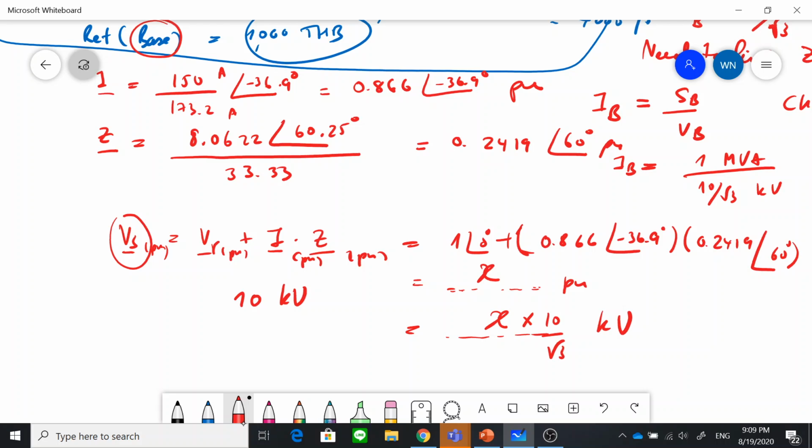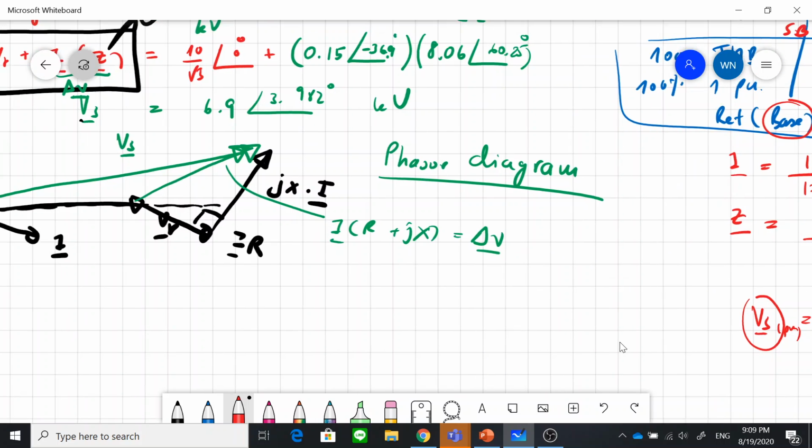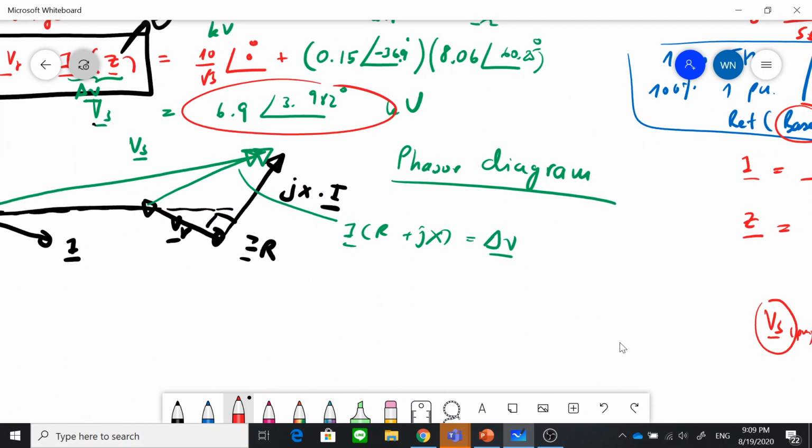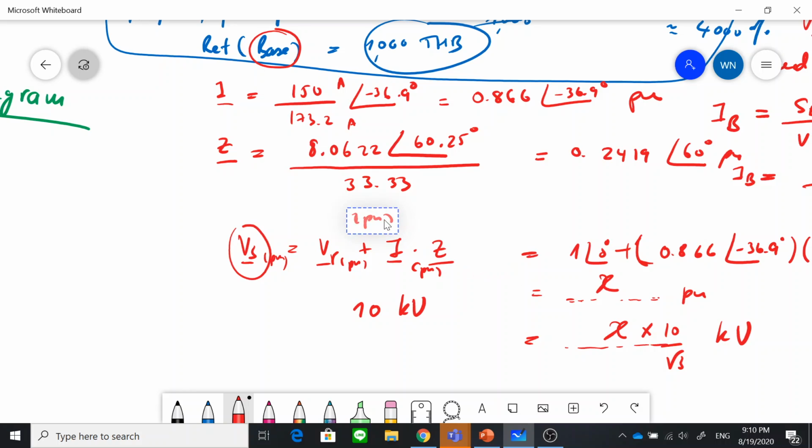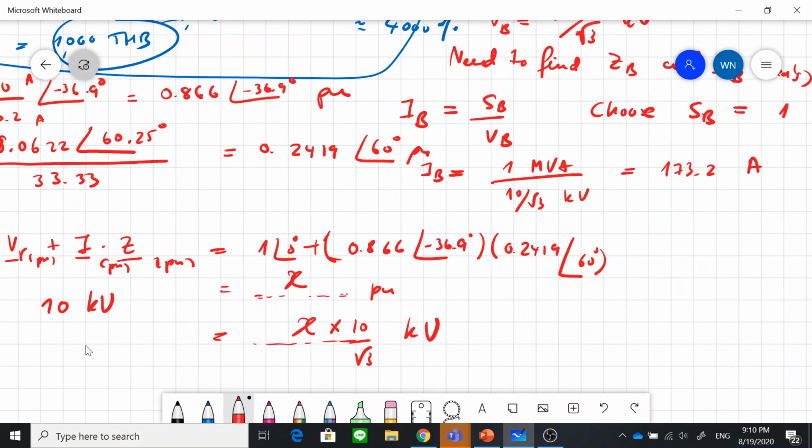And you must get the same or almost the same value as this one here, because this is the same network. If you do it right, then you should get almost the same figure. Of course, the number can be different because of the round-off error that you have made during the calculation, but those round-off errors must not be too high.